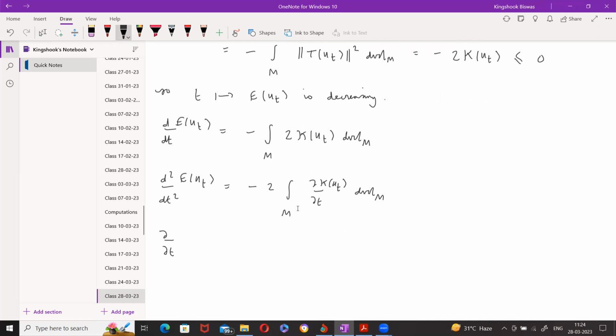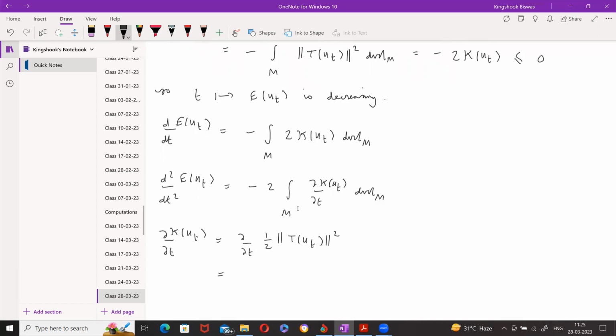So ∂/∂t of kappa(u_t) is ∂/∂t of half the norm of tau(u_t) squared. By metric compatibility, this is the inner product of tau(u_t) with itself.